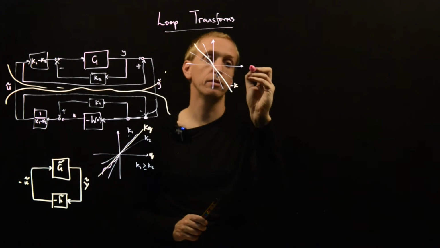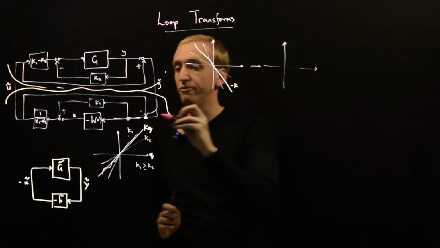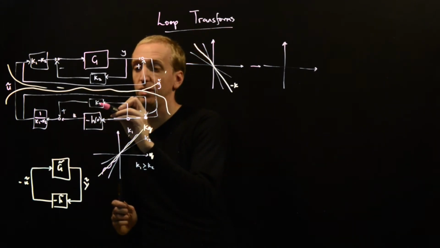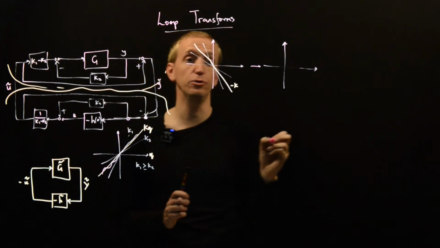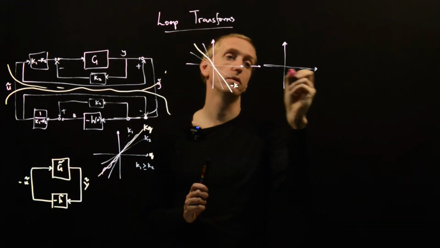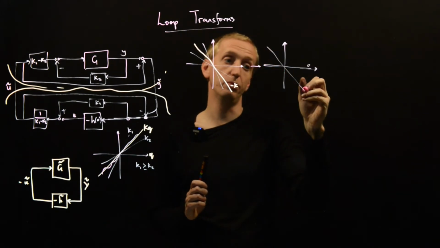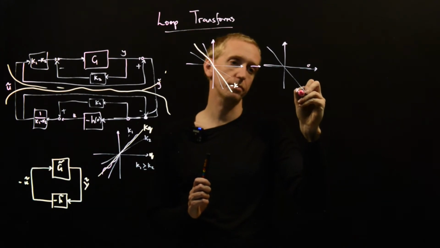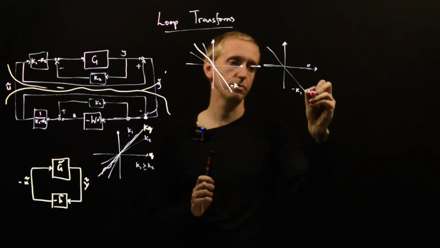What happens now if we put this plus k2 in? So we move to this setup, and what's the effect of adding a feed forward with plus k2? Well, this just has the effect of pushing all the slopes up by k2. So now we've got something that lies between something with a slope of 0 and a slope of minus k1 plus k2.